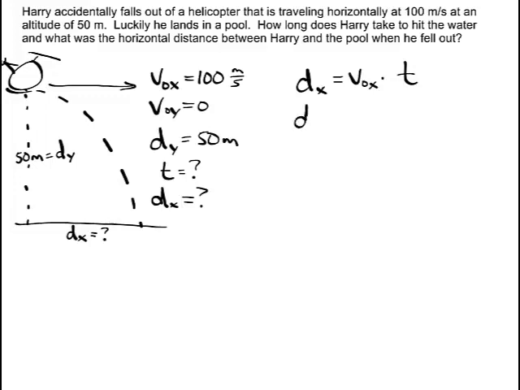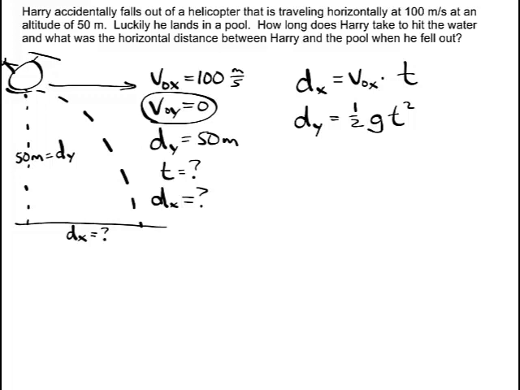Now in the vertical direction, we have that the vertical distance equals 1/2 the acceleration of gravity times t squared. That should look kind of familiar to you. That's the same equation we use to determine how far something fell when it fell from rest. And since the y component of our initial velocity is 0, it's as if in that direction we fell from rest.